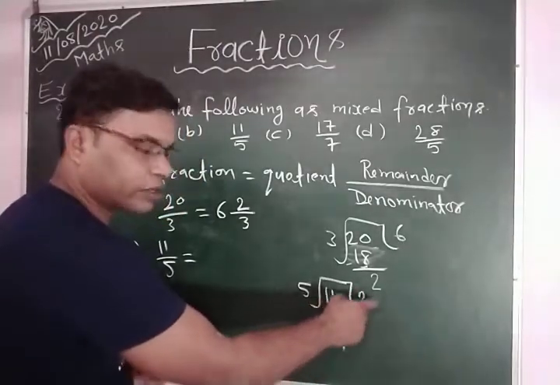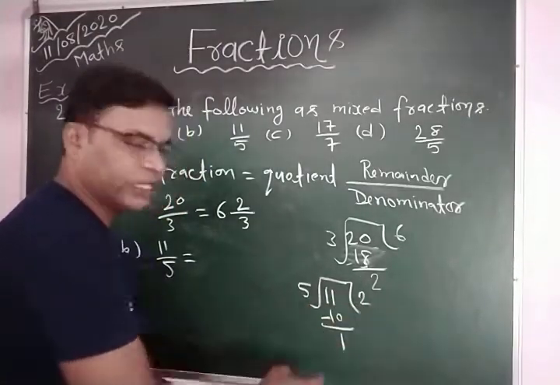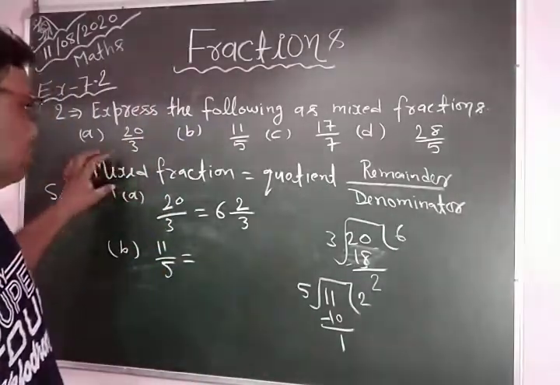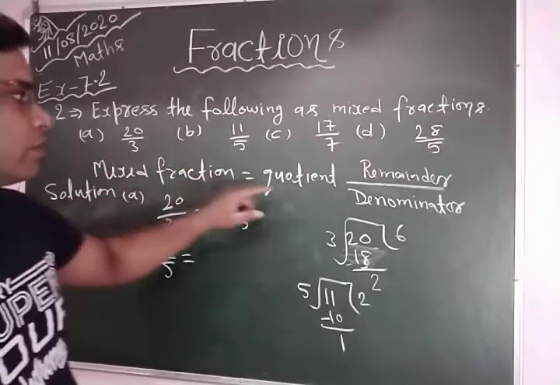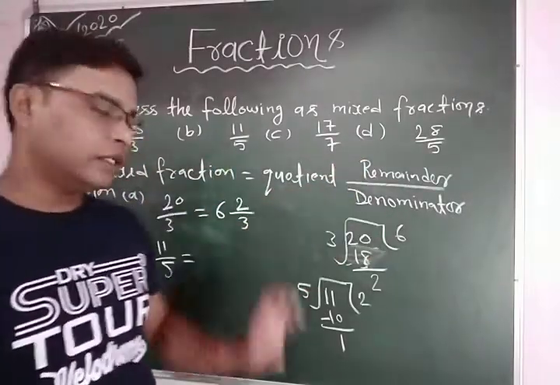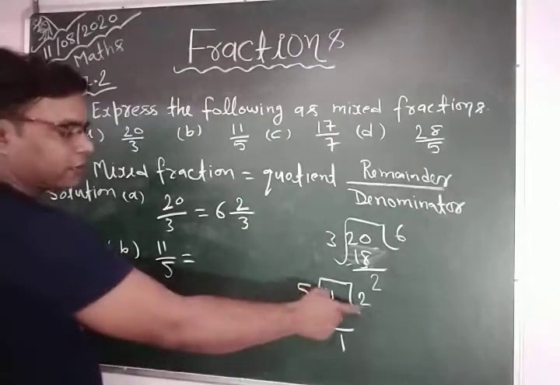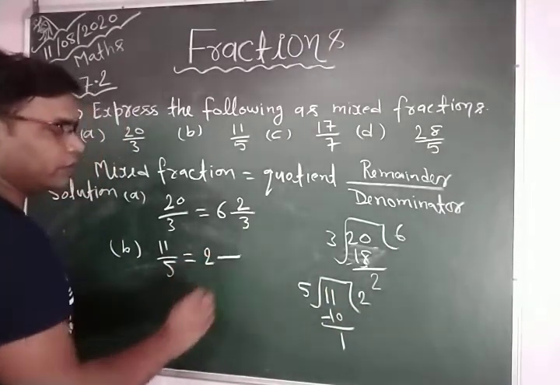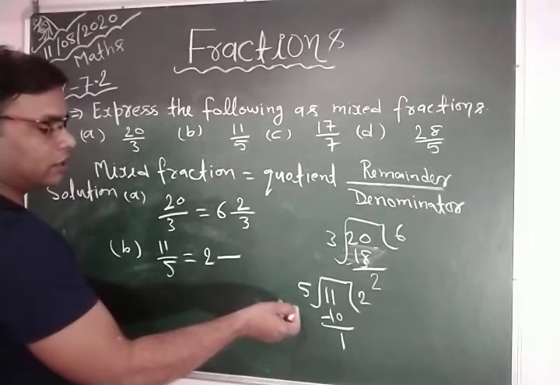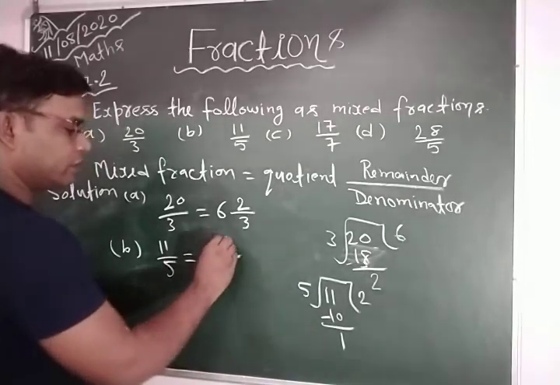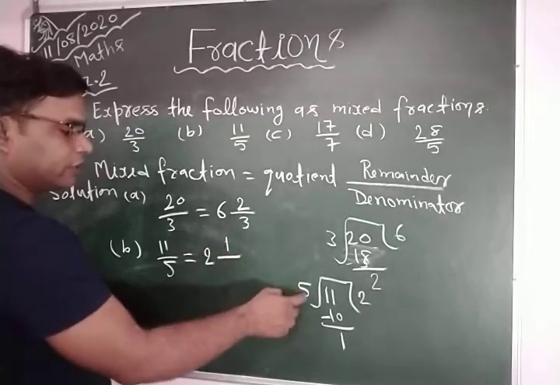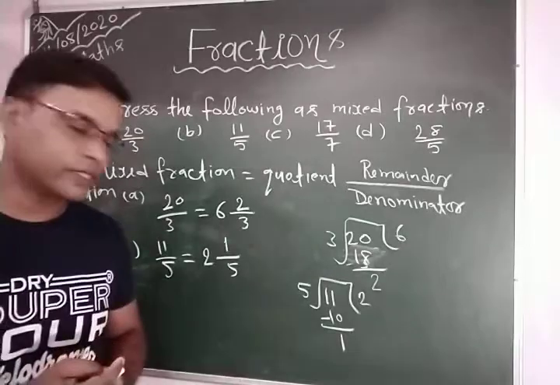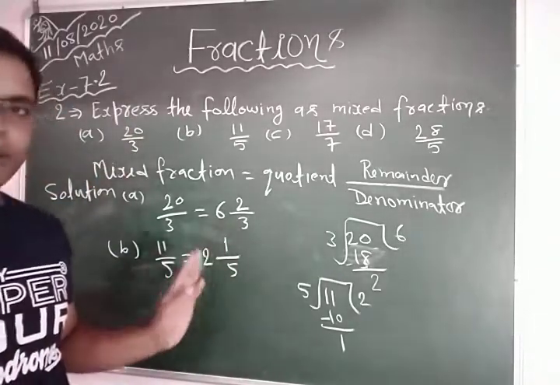So 2 is the quotient, 1 is the remainder, and 5 is the denominator. The form of a mixed fraction is quotient, remainder by denominator. So 11 by 5 in mixed fraction is equal to 2 whole 1 by 5.